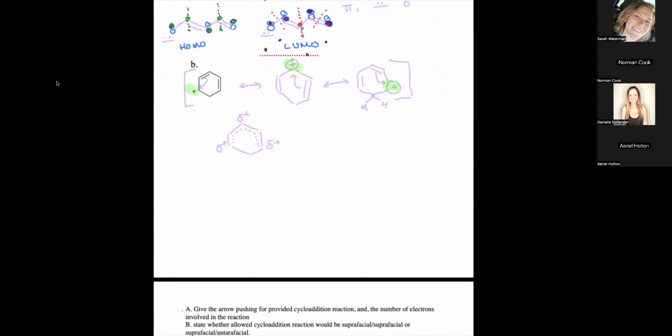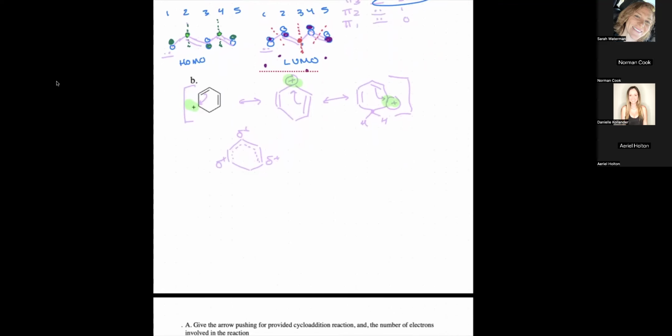Okay, so now it's asking for our HOMO and our LUMO. So how many pi systems are reacting? 5. 1, 2, 3, 4, 5. How many electrons? 6? Oh, 4.